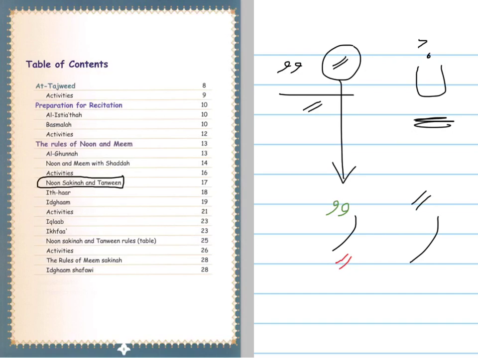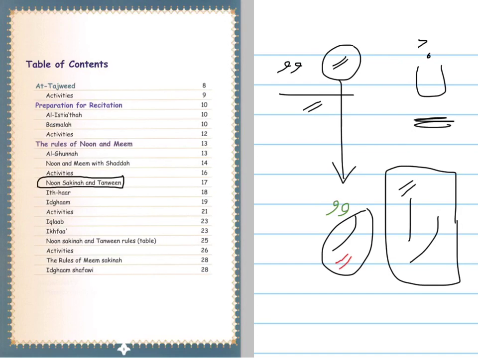We always have to put these two fathas on an alif. So we always have to put an alif, and we put the two fathas on the alif. This is still pronounced run, just like this would be pronounced run, and this would be pronounced rin. The two fathas can only sit on an alif. They can't sit on the ra.